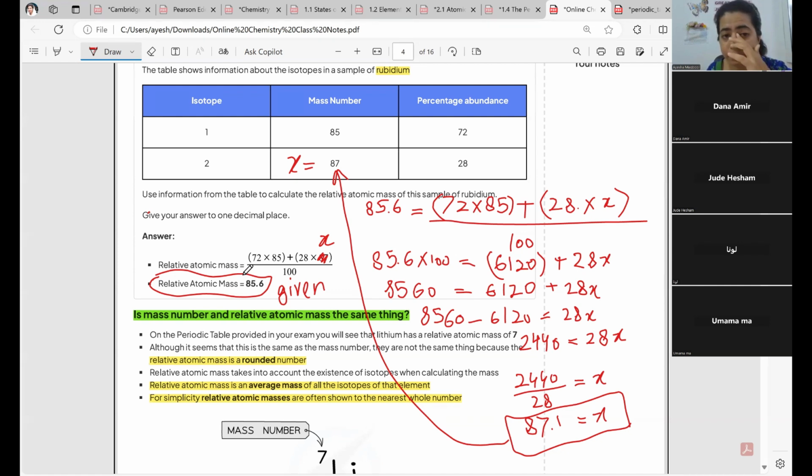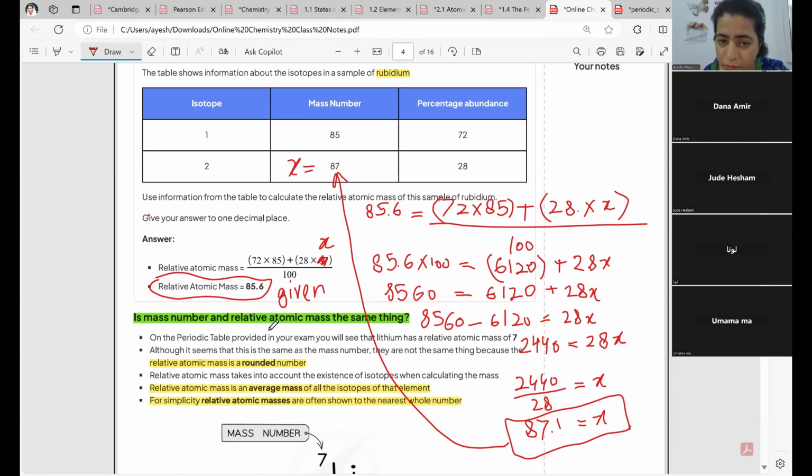Miss, they cannot give us, like, the mass number, they just give us X. So can it be percentage abundance maybe? Yes, it is possible, they can remove one of the percentage abundances. But let me give you a small trick here. If they are missing one of the percentages, then there is no need to do the calculation.